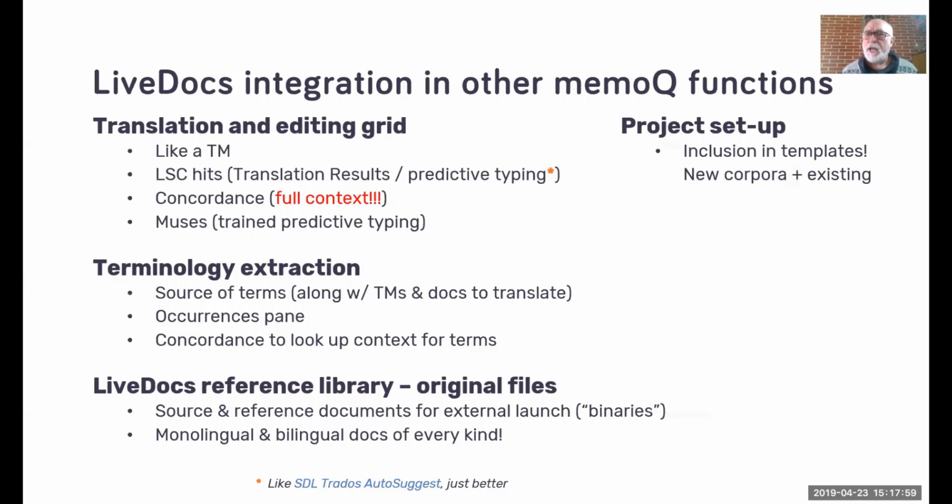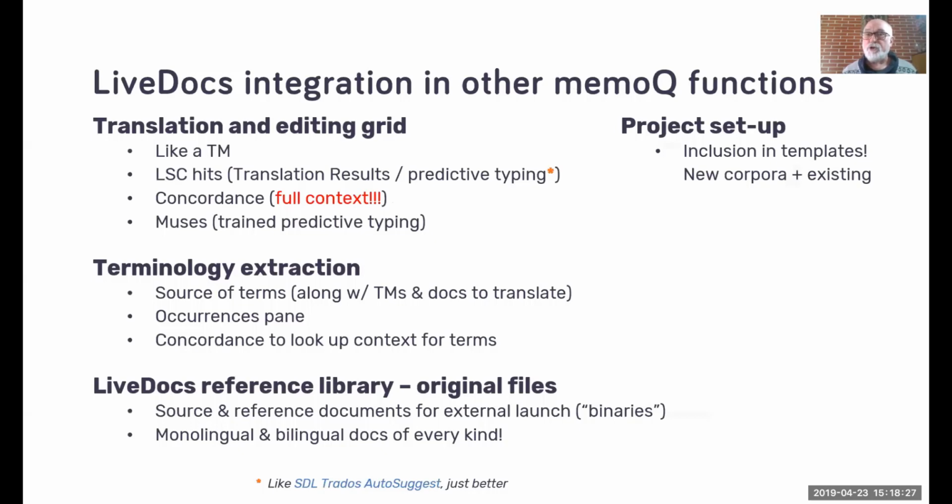And one of the very useful things about doing that is that unlike the old familiar project wizard that has been part of memoQ since its beginnings, more than 11 years ago, with the project templates, you can include a LiveDocs corpus.